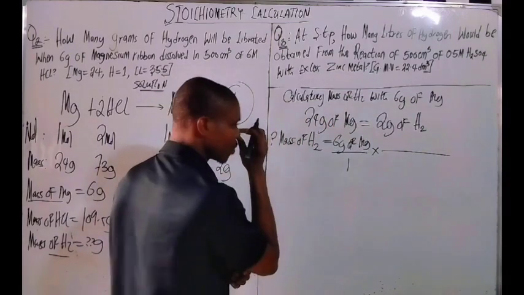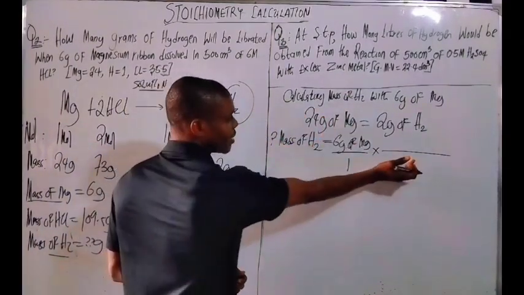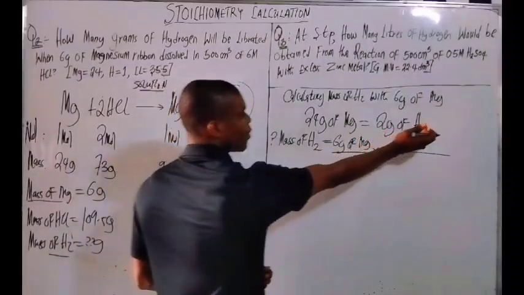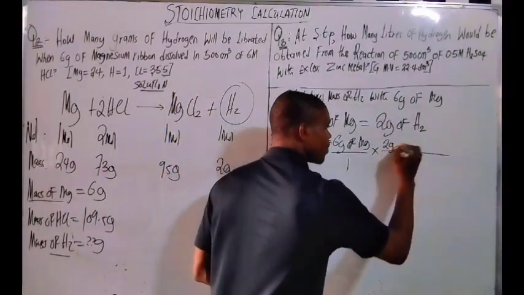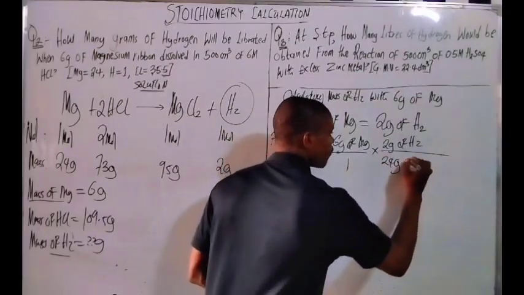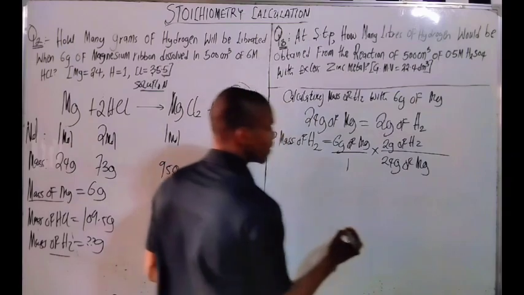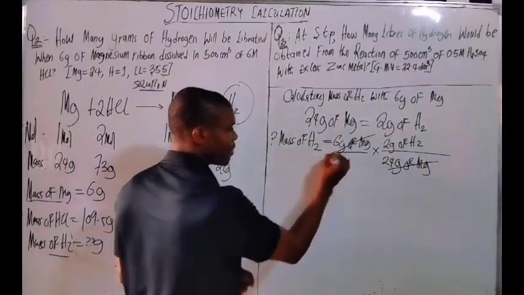Now 24 gram of magnesium will go to the denominator. Why? 2 gram of H2 will go to the numerator. So it is going to be 2 gram of H2 over 24 gram of magnesium. Do you see that? Now do you know the reason why? So that gram of magnesium cancels out gram of magnesium.